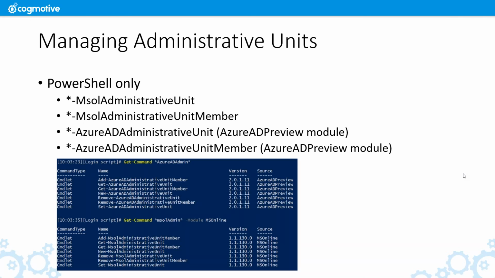In order to create an administrative unit, all you need to do is issue the New-MsolAdministrativeUnit cmdlet, and that's it. You don't have to specify any information about it. You don't need to specify a name or description or anything. It's a very simple process. I don't think anybody will have trouble going over it, so I haven't planned any demos for this.